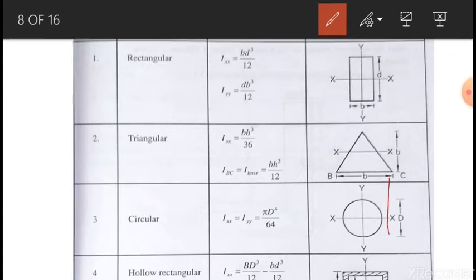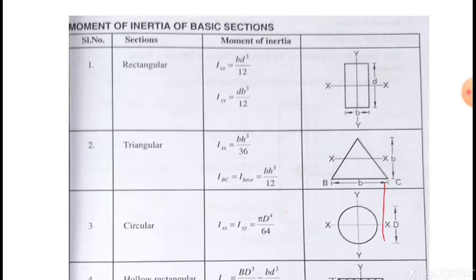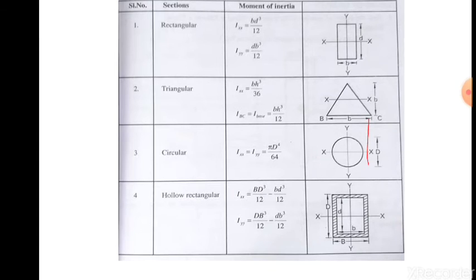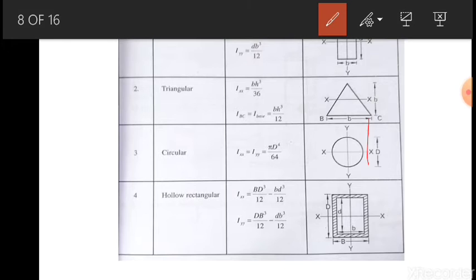These are the formulas you have to keep in mind while solving the problems. You have to know these formulas perfectly. Next is for circular, it is pi d raised to 4 by 64.